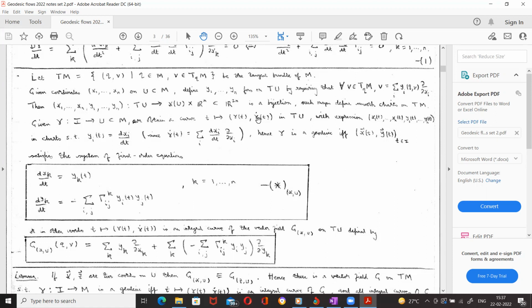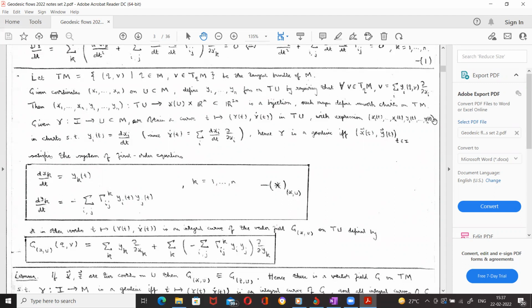With respect to these coordinates x1 to xn, y1 to yn, this curve (gamma(t), gamma'(t)) will have coordinates which are functions of t: x1(t) up to xn(t) and y1(t) up to yn(t).